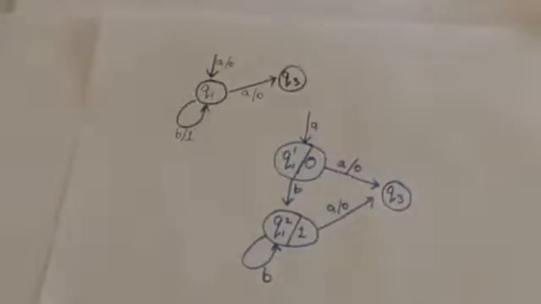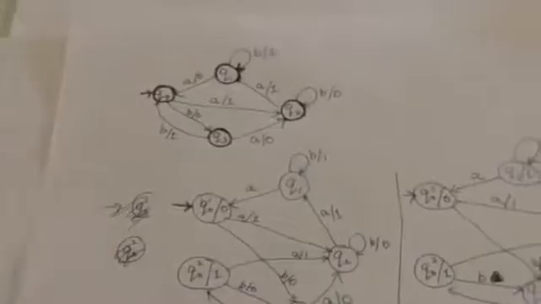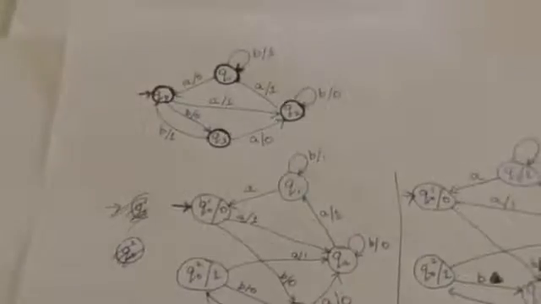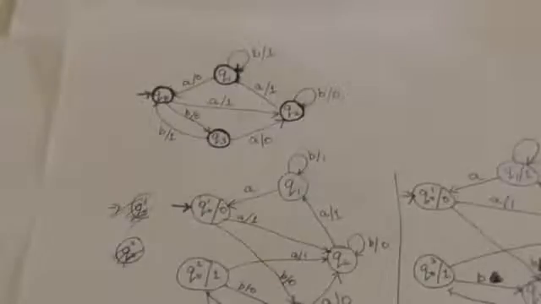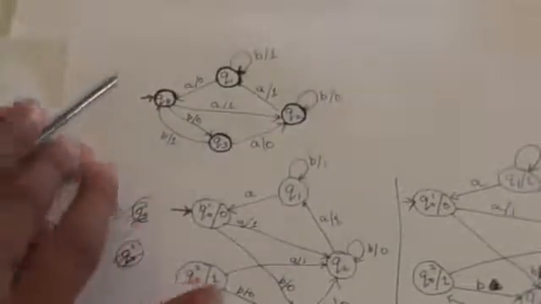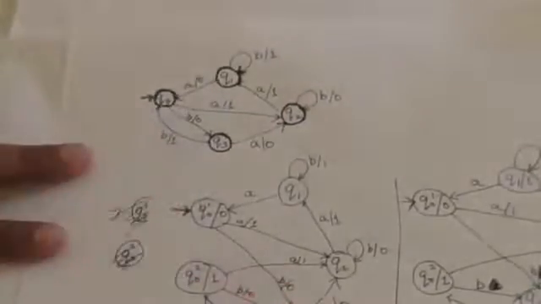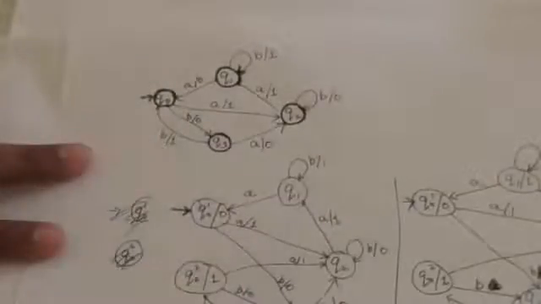Now it will be more clear when we convert this Mealy machine into Moore machine. Now look at this initial state, right? It has two incoming edges. One is from state Q3 and other is from state Q1. Both are labeled by different output symbols.